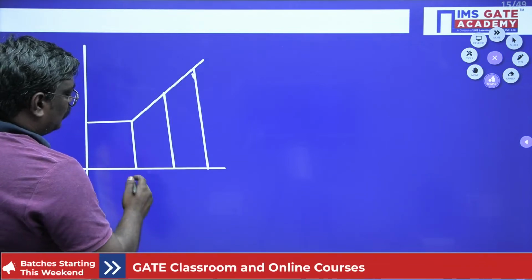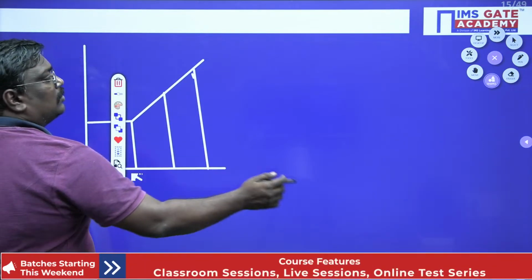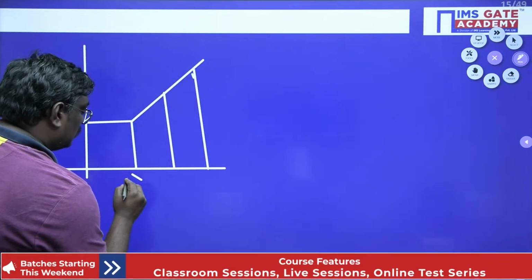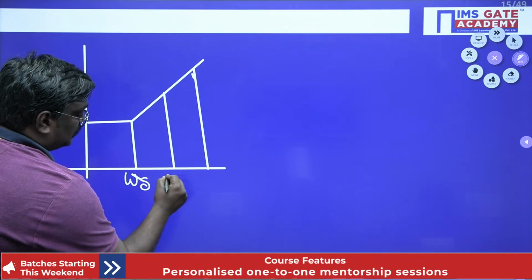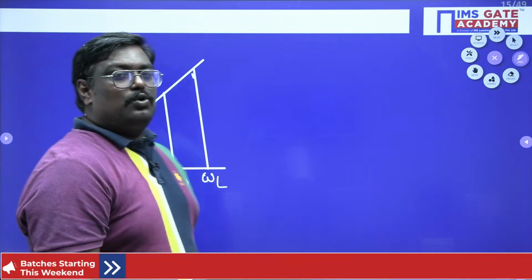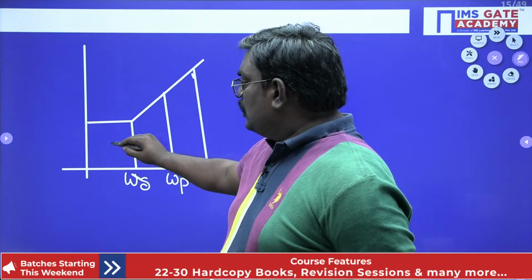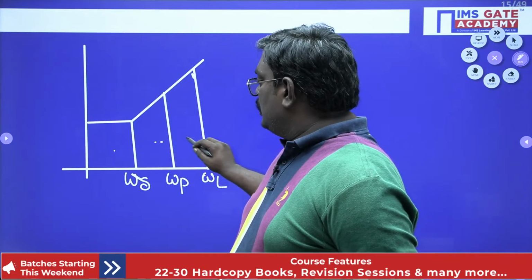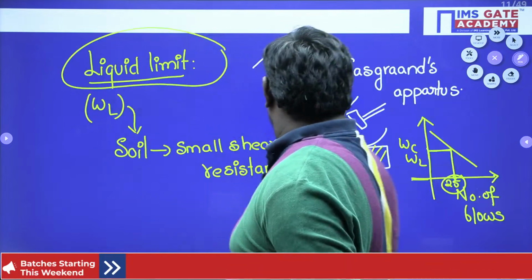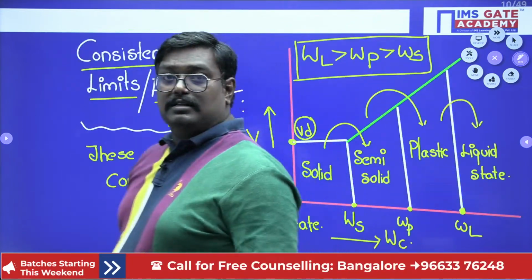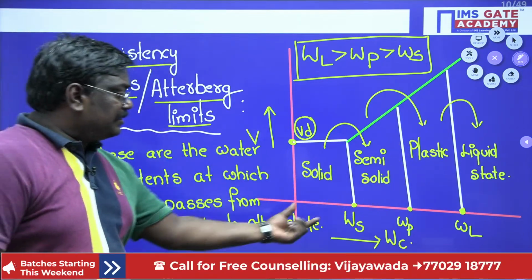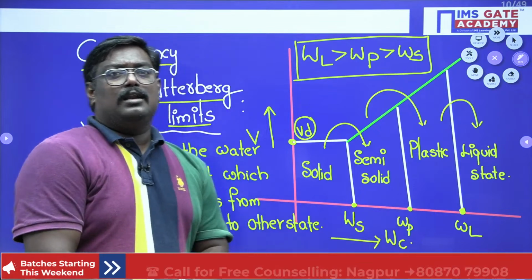Here we write shrinkage limit, this is plastic limit, and this is liquid limit. Now you know the states of the soil: solid, semi-solid, plastic and liquid state. If you see the graph which I have drawn for the consistency limits, this is solid state, semi-solid, plastic, and there we have represented shrinkage limit, plastic limit and liquid limit.